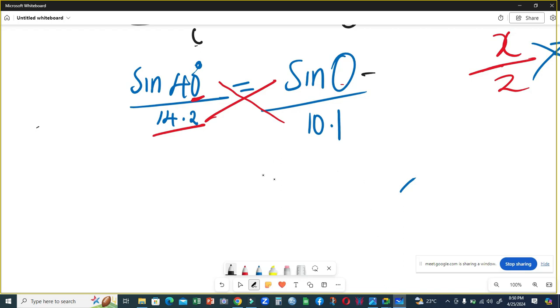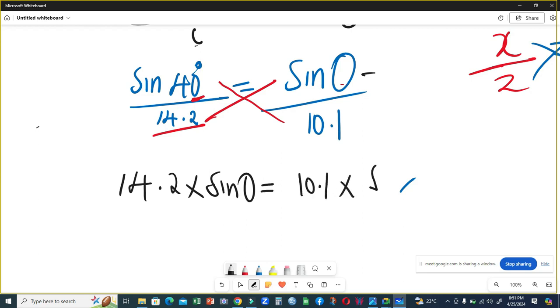Remember, we'll be beaten against time during the final exam. So I'll start with sine O times 14.2. So I'll multiply 14.2 times sine O is equal to 10.1 times sine 40.